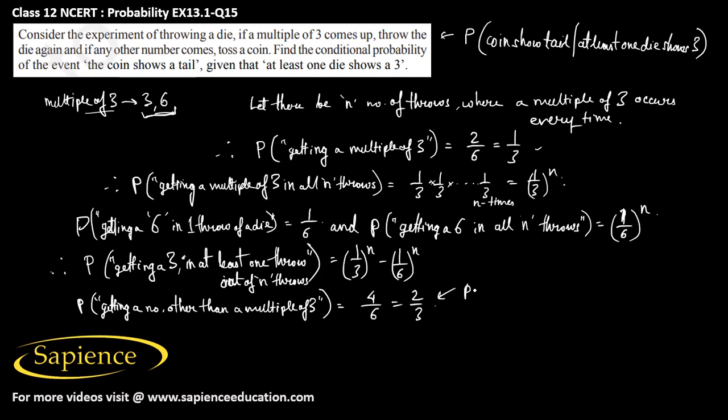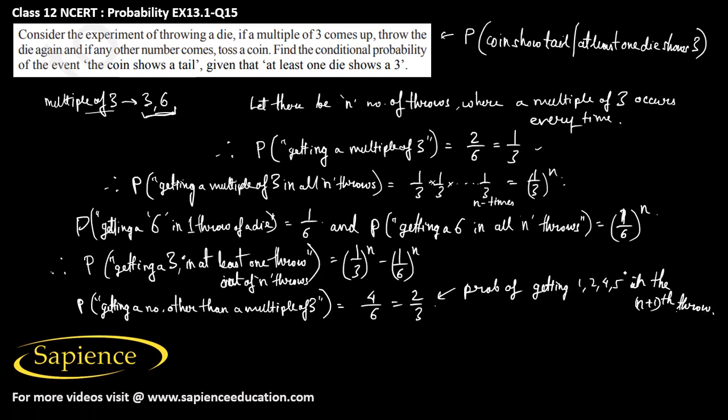This is the probability of getting say 1, 2, 4 or 5 in the n plus 1th throw.